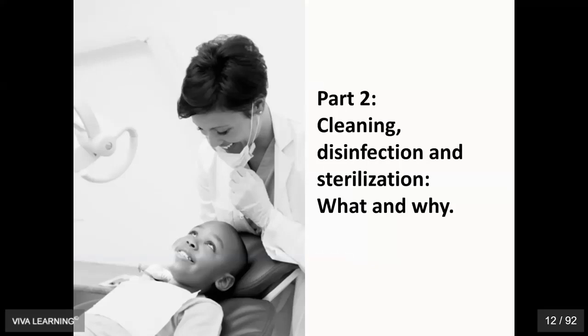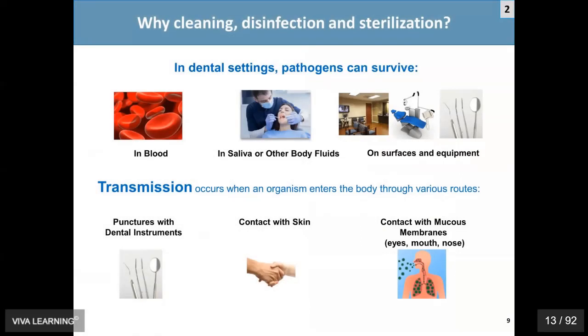So let's talk a little bit now about cleaning, disinfection, and sterilization. And again, you might think that this is a little basic. Why would I need to know about this? I know how to sterilize instruments. But at Compliance Training Partners, this is a call that we get every week, sometimes more than once a week. And I'll tell you about the most recent one.